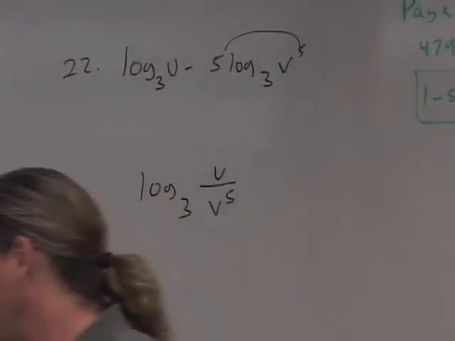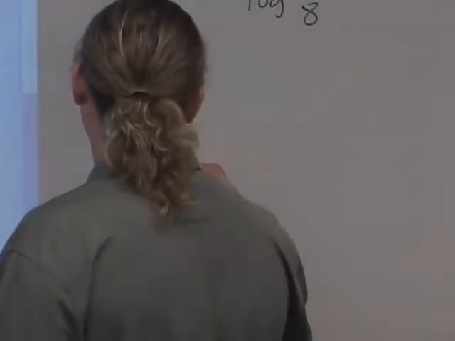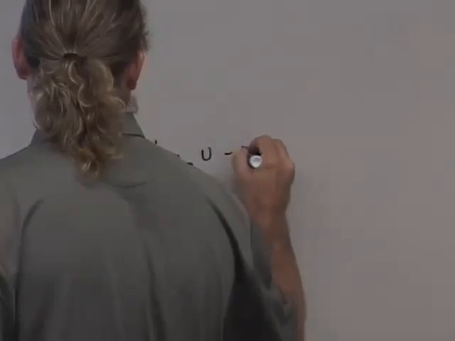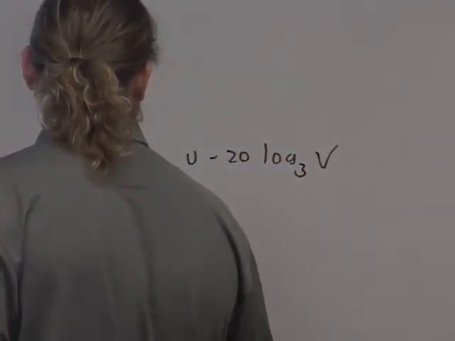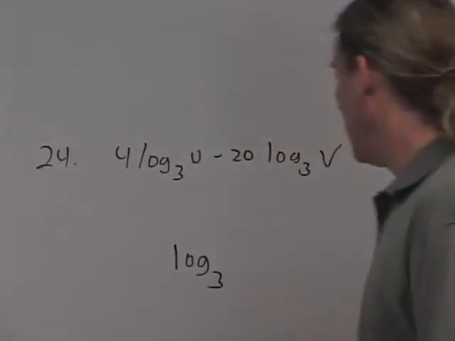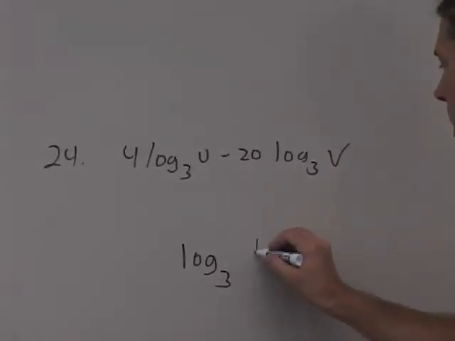All right, so 24. 4 log 3. Okay. You know that it's going to be u divided by v.